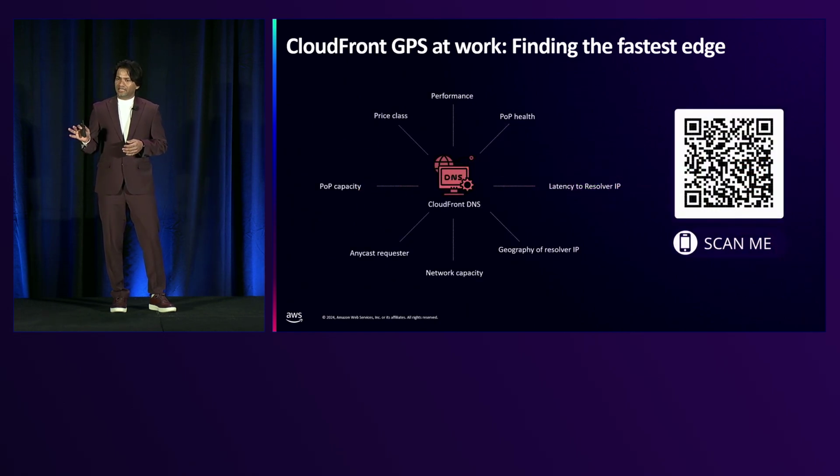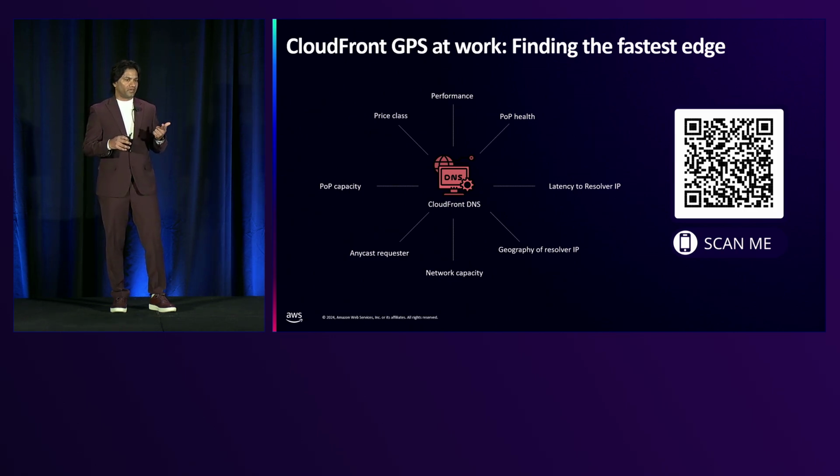So in 2019, we spoke about CloudFront DNS in detail. So check out the video behind the QR. But here's a quick overview on our approach. Our request routing happens on the DNS layer, but we go beyond a simple geolocation match. We collect performance data from every network to every CloudFront POP. We monitor server health.